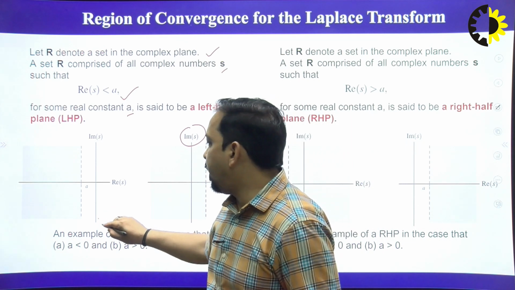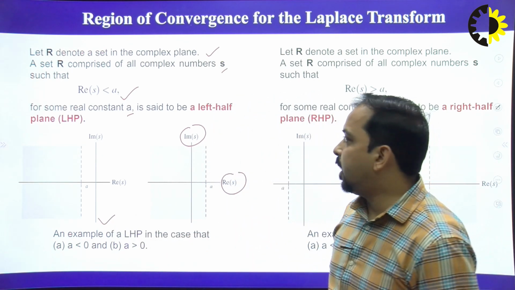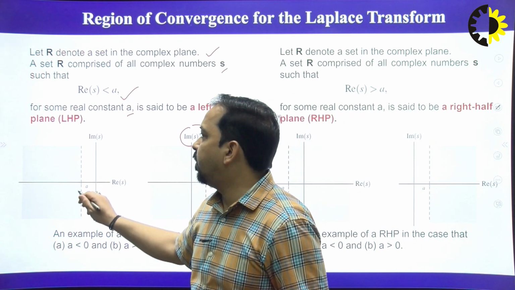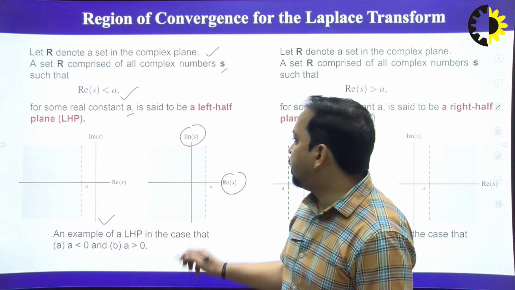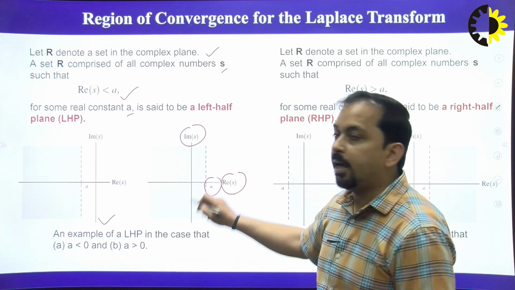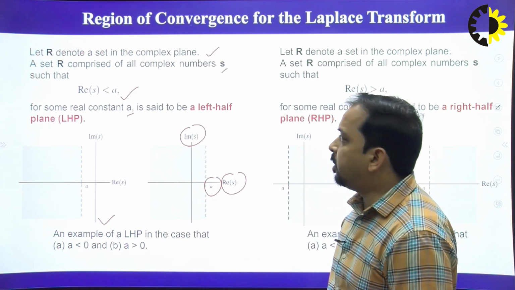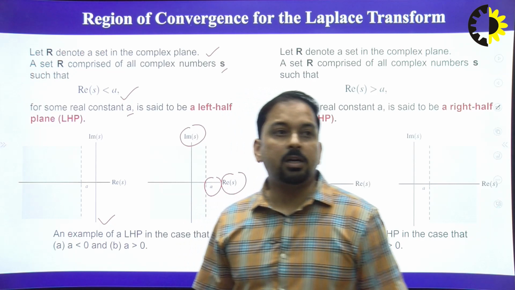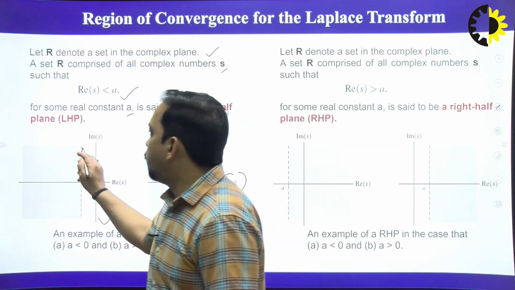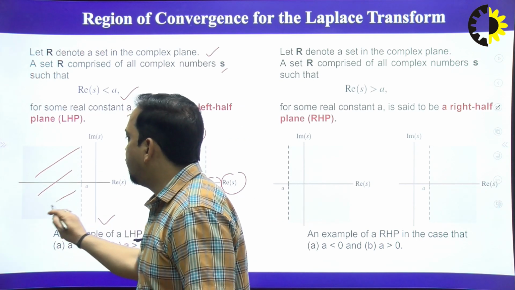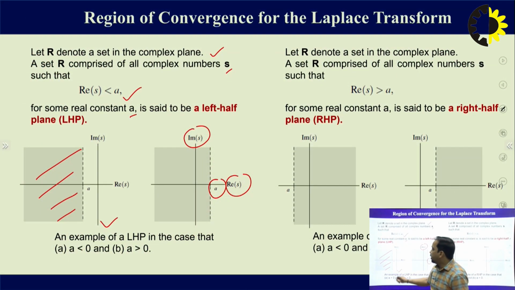One is when A is a negative quantity, that means A will be lying somewhere on the left side. And when A is greater than 0, naturally A will be lying on the right hand side. But real part of s less than A means the entire region to the left of A will be shaded, and this will be called the region of convergence.